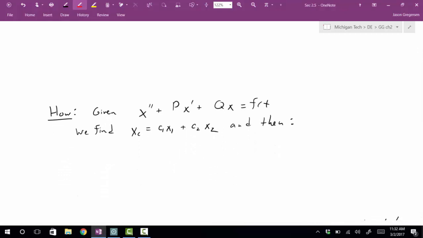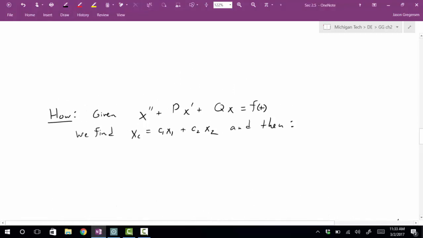All right, so here's what we're going to do. We're going to go through a general process of variation of parameters. You do not need to write this stuff down, and this is how I'm going to solve this problem. As we go through it, we're going to see the important pieces and get a little mechanical process.